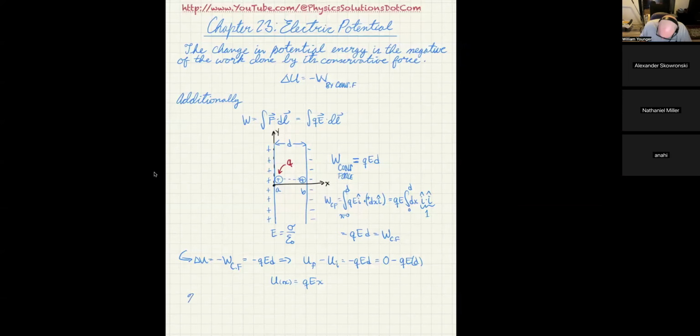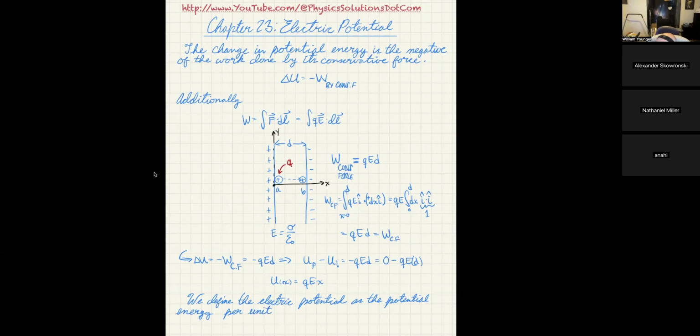So we define the electric potential as the potential energy per unit charge.